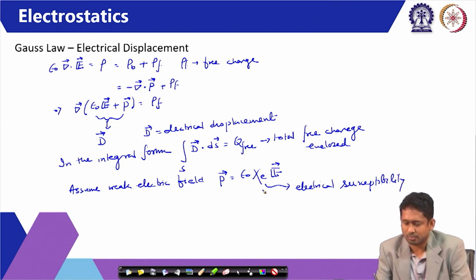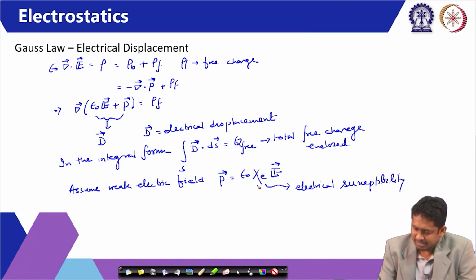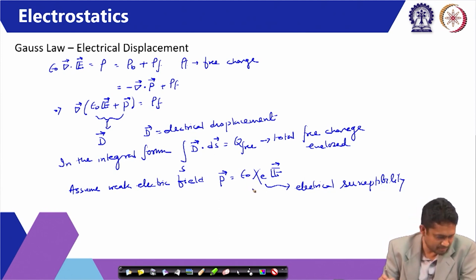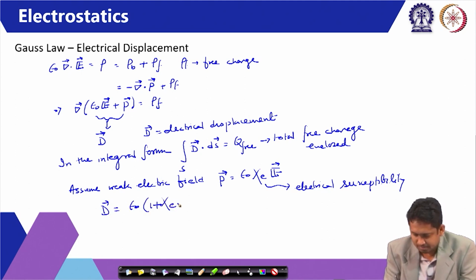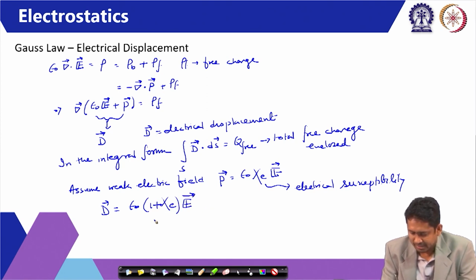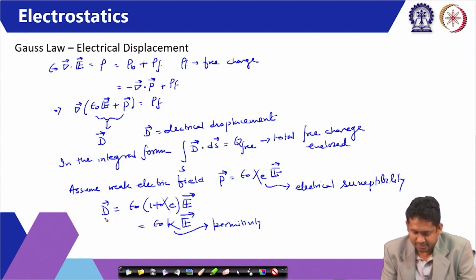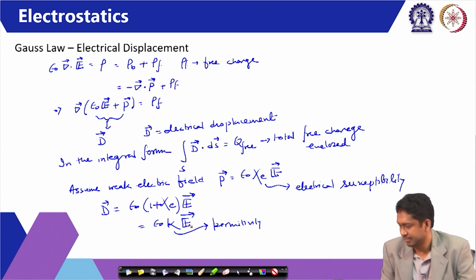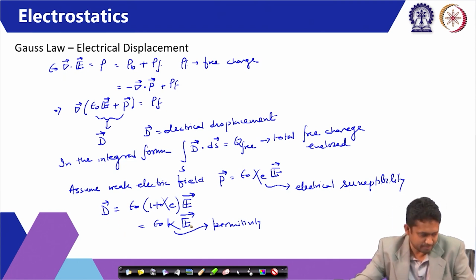This tells us how easy or how difficult it is to polarize this material. Now, we can combine these definitions and write the vector D as 1 plus susceptibility multiplied by the electric field, and then we can give it a name, and this we can call permittivity. So, finally, our electrical displacement D and electric field are linearly proportional.